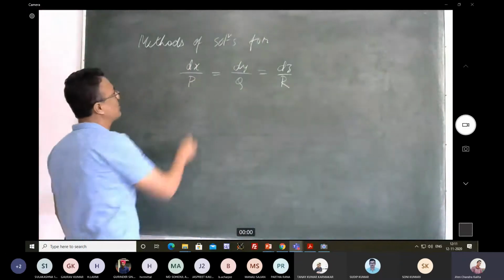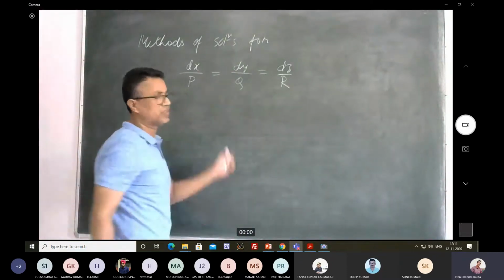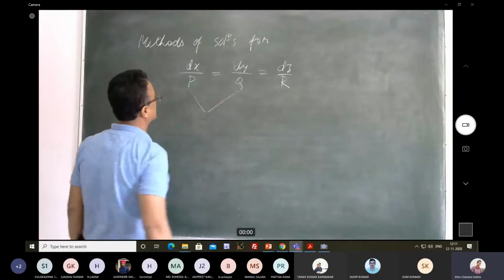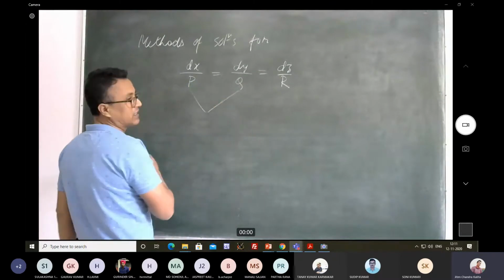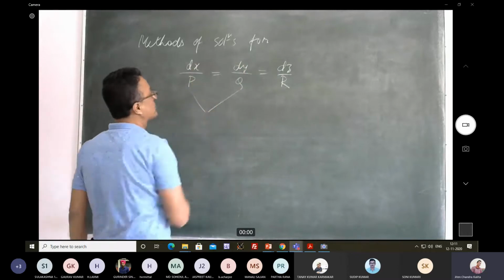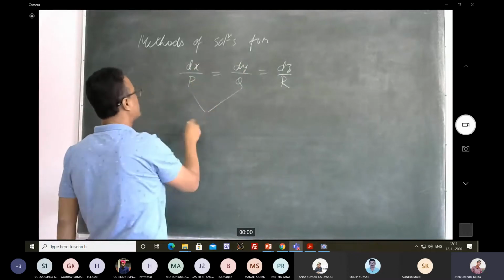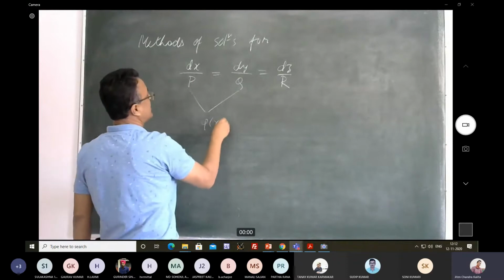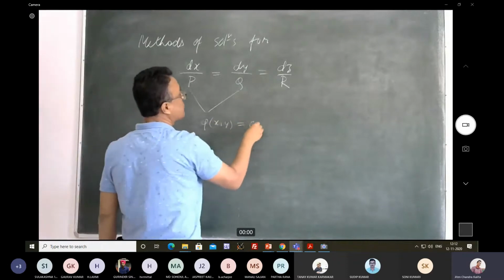We can choose a pair of these ratios, and suppose I choose this first pair. From these two ratios, I try to find some functional relation, say phi(x,y) equal to c1.